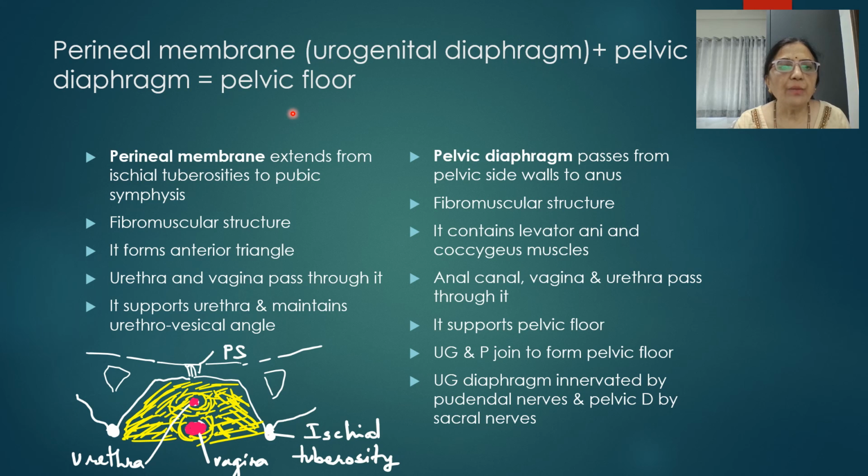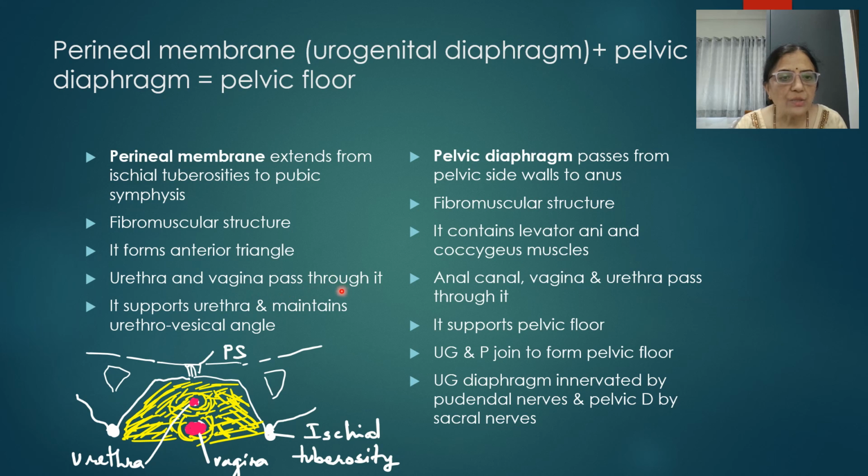Perineal membrane and pelvic diaphragm together form the pelvic floor. We have already seen in the previous diagram that this pelvic diaphragm and this perineal membrane together form the pelvic floor. Perineal membrane extends from ischial tuberosities to pubic symphysis. It is a fibromuscular structure. It forms the anterior triangle of the outlet or perineum.